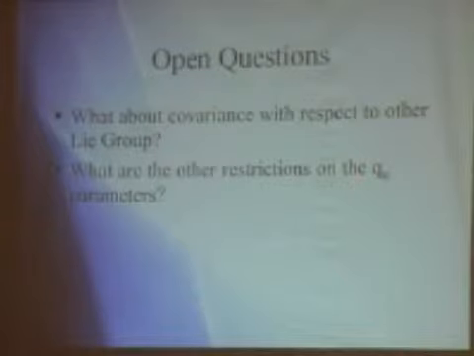And the other question is, what are the restrictions that we have on the q_n parameters? I mean, we can prove that they are real, but because a quantum map must be a completely positive trace-preserving map, what are all the other restrictions on the parameters?